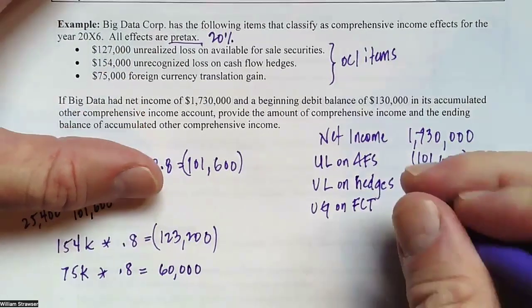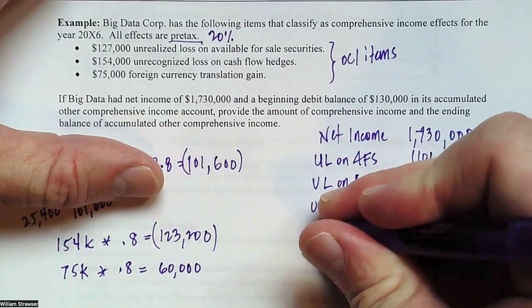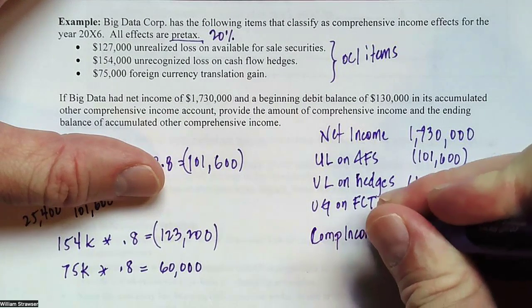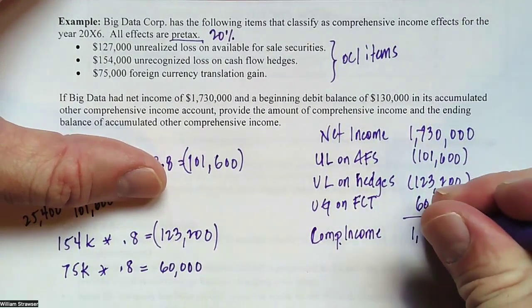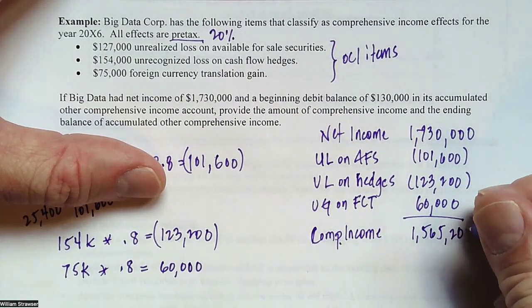And if you combine all of this, you should get, I'm sorry, not net income, comprehensive income of $1,565,200.